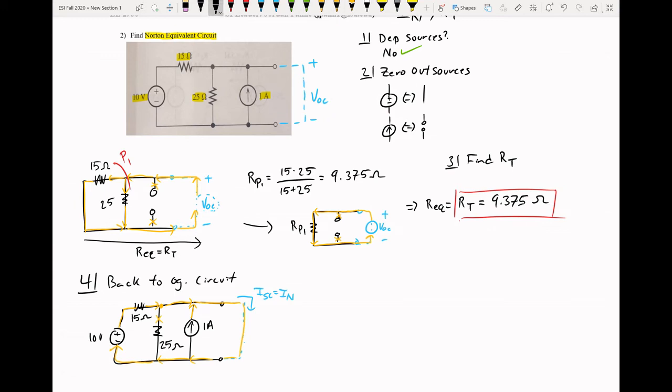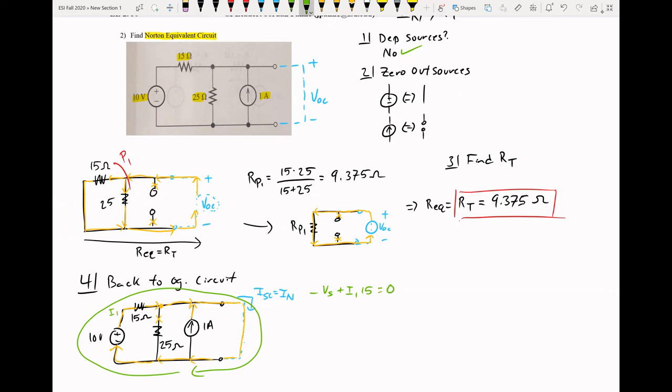So what we can do is find out by doing a KVL on it. Here, if we walk the big outside loop like that, we did minus V of S plus I1 times 15, and I'm just going to call this one I1.